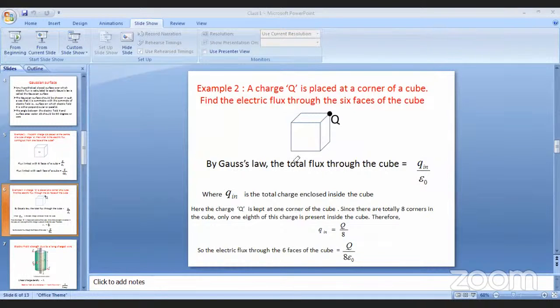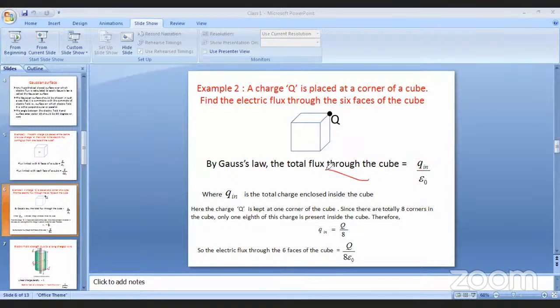You all know very well, by Gauss law, the total flux through the cube is Q enclosed, or Q inside, divided by epsilon 0. This Q inside is nothing but the charge present within this cube. This is the general notation. The charge whichever is present inside the cube, that is Q inside, divided by epsilon 0.